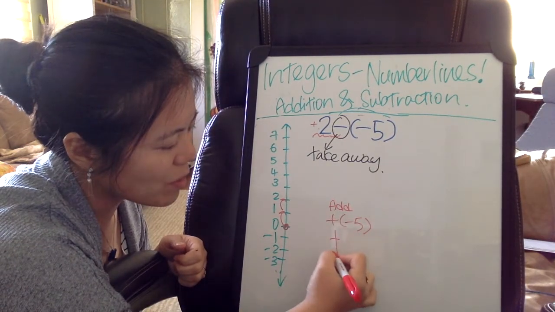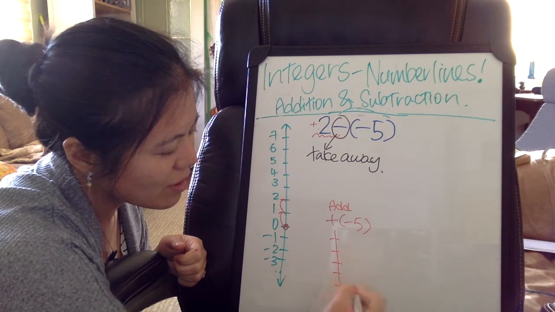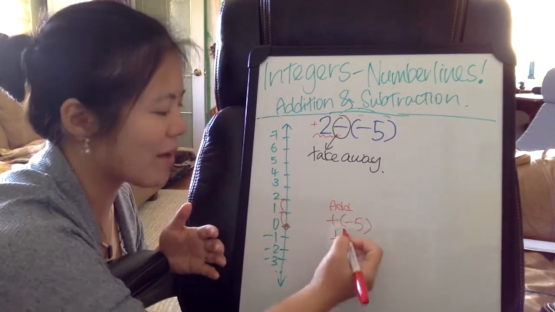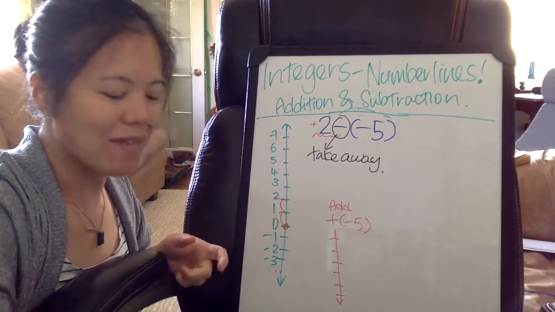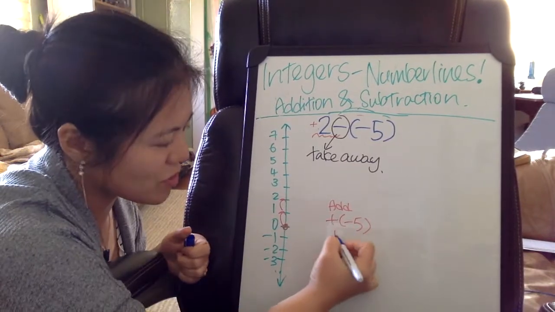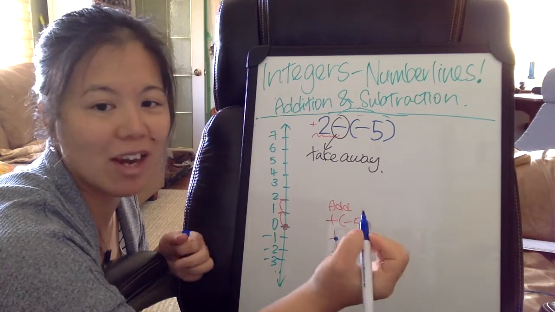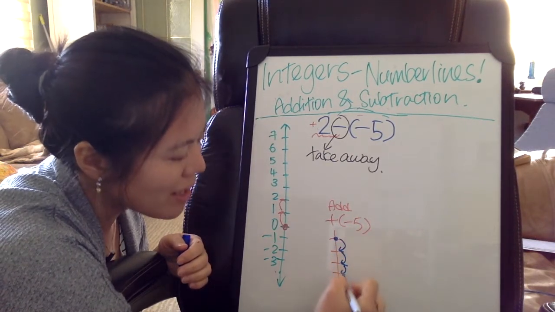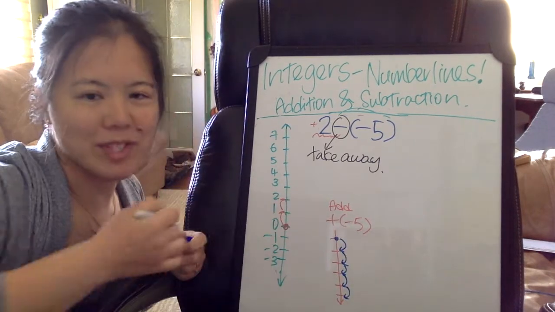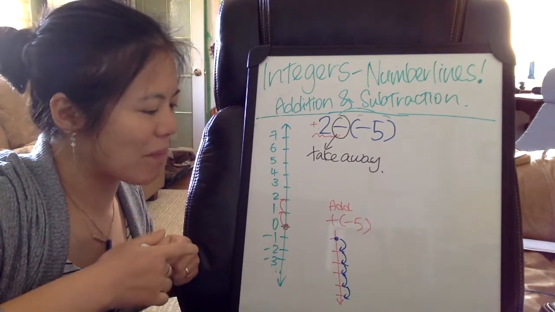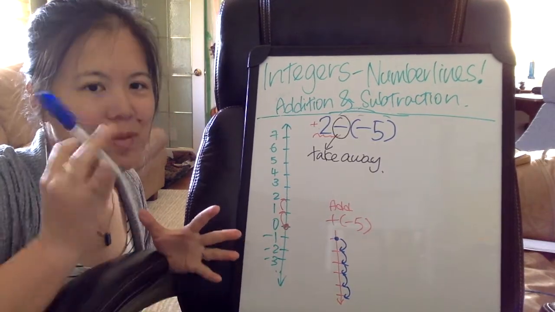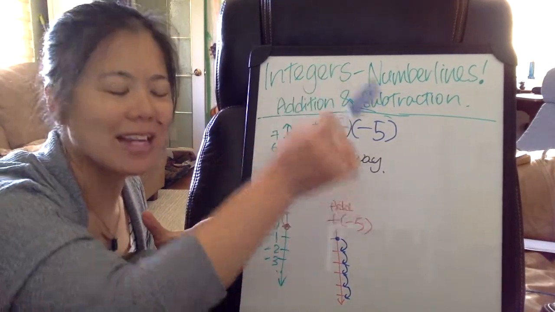So wherever we were on the number line, doesn't matter what the number is, we took 5 steps downwards. So let's say if we started out here, we took 1, 2, 3, 4, 5 steps downwards, right? But now we are not adding 5 steps downwards. We are taking that away.